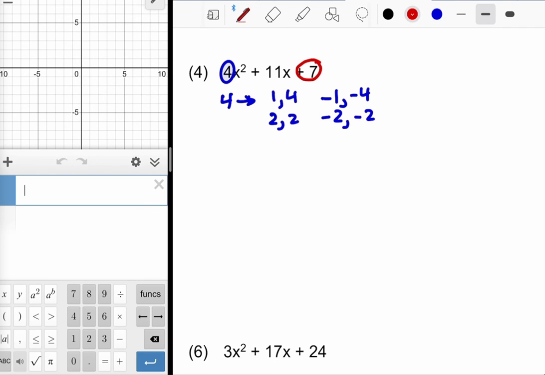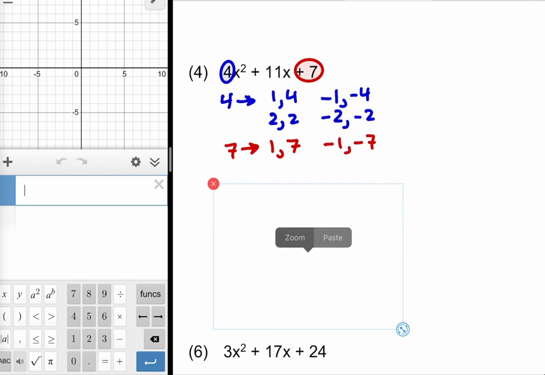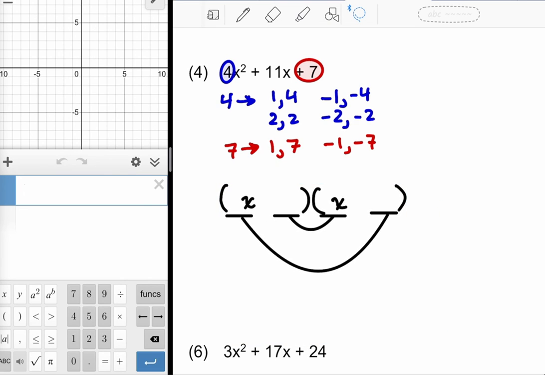We're looking for factors of 7, 1 and 7, -1, -7. Get my framework in there. So I have to make my first decision here. Am I going to go with 1, 4 or 2 and 2?